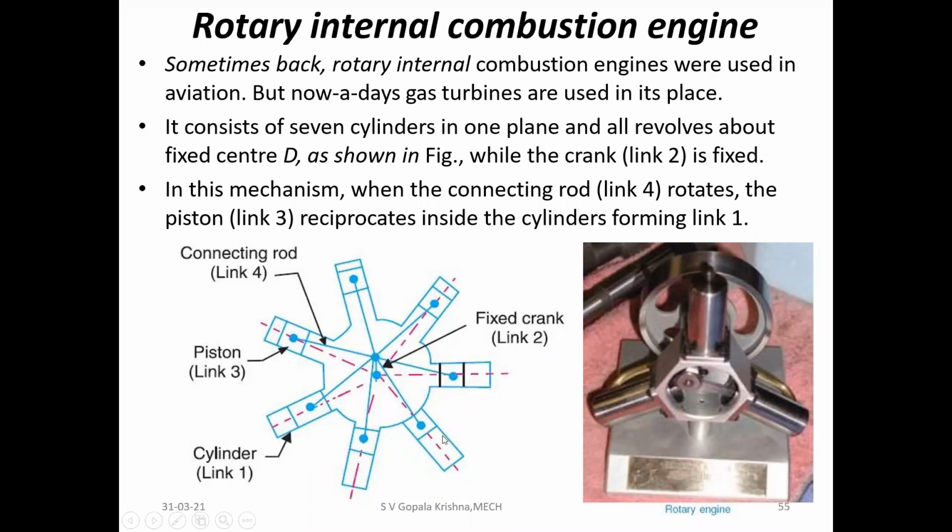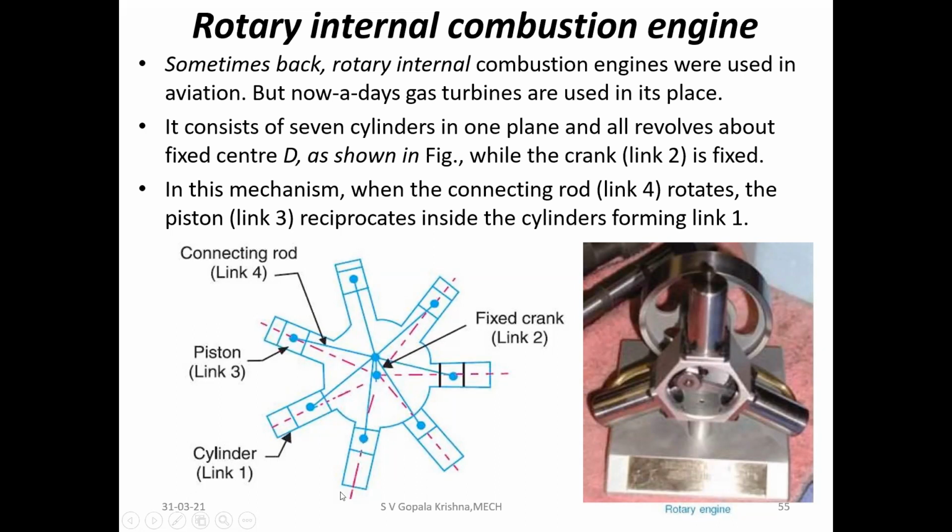These act as link one, link two, and link three. Now all of you observe the cylinders. Those all act as link one, and the piston arrangement acts as link three. The connecting rod acts as link four, and the crank is link two.